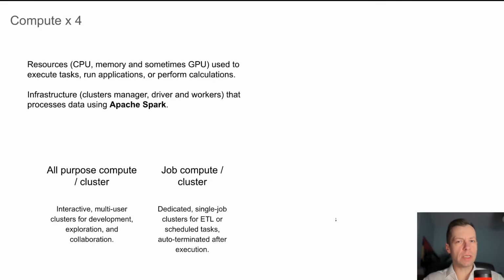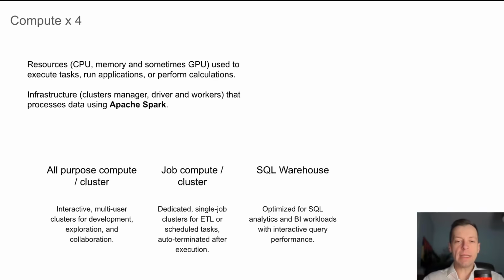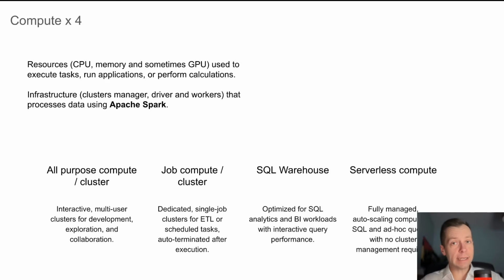So we are not using it whichever way we want, just to execute a specific task. And then we are going to have a SQL warehouse compute, which is fine-tuned for SQL queries. And the latest and greatest, serverless compute, that's where we don't need to worry about the clusters ourselves, but Databricks will provide one using their own resources for us.